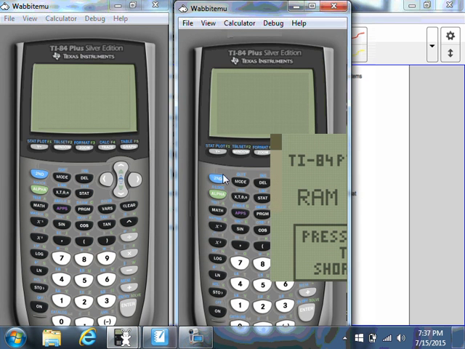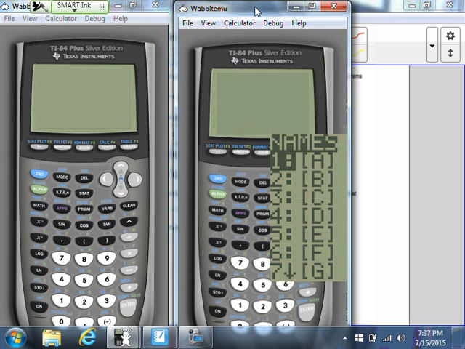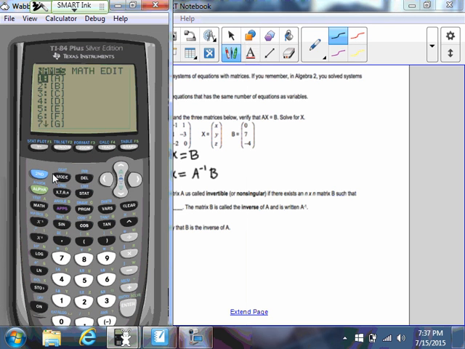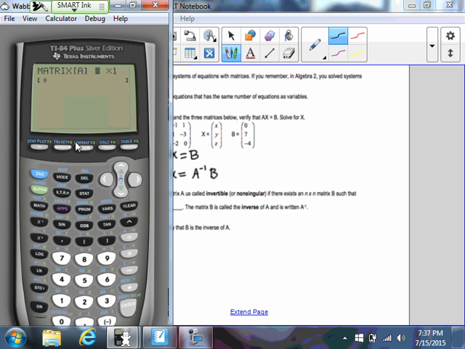All right, so second matrix, and you want to put in matrix A. So we're going to go over to edit and hit enter. And we want A to be a 3 by 3. So do 3, enter, 3, enter. All right, and we're going to put in all those numbers for A. So I have 1, I have negative 1, I have 1, 2, 1, negative 3, 3, negative 2, and 0. All right, and I hit enter.